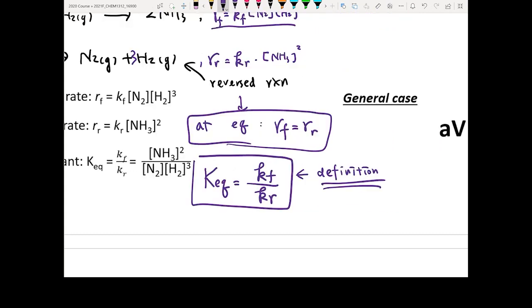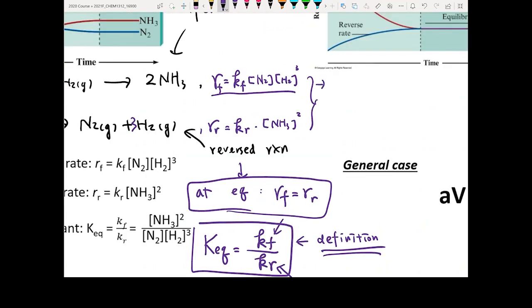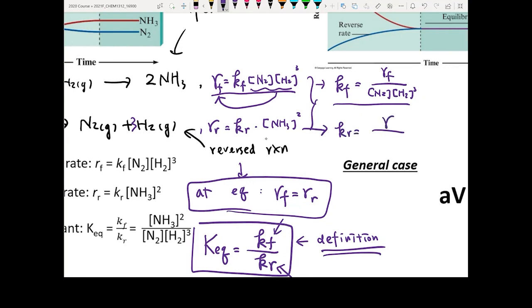Once you know that definition, you want to substitute your Kf and Kr. Your Kf equals Rf divided by [N2] to the first power, [H2] to the third power. Here you do the same: Kr equals the rate of the reverse reaction divided by [NH3] squared.